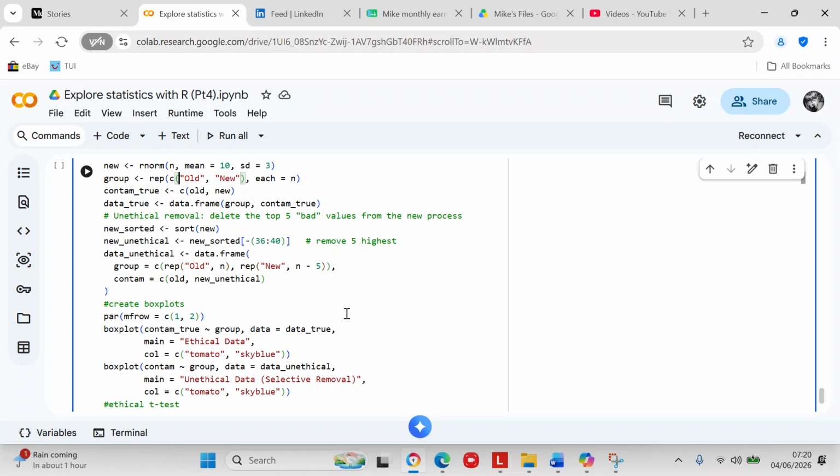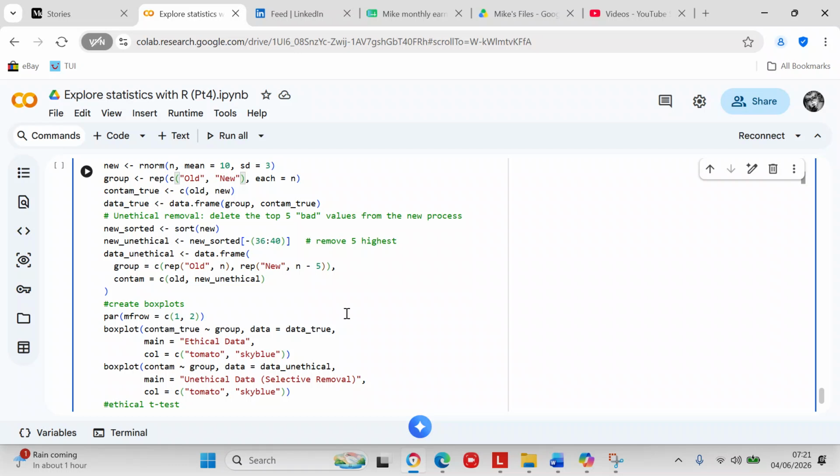So we're going to create a data frame of the unethical data, which becomes data.frame, and group is a repetition vector of old 40 times and new 40 minus 5, so new is going to be 35.